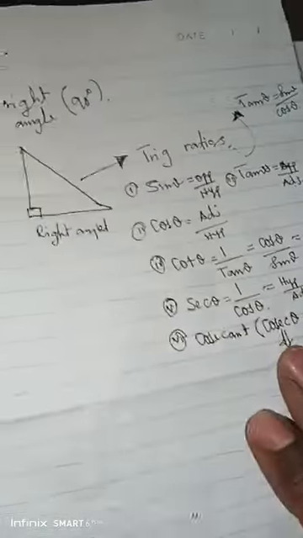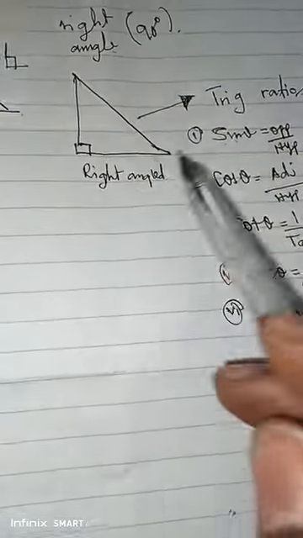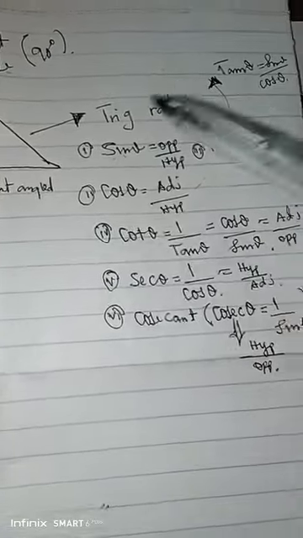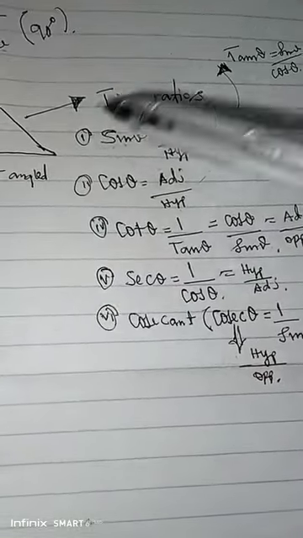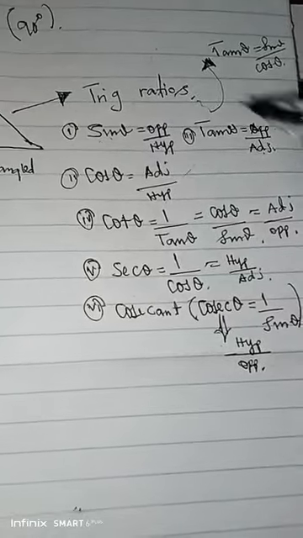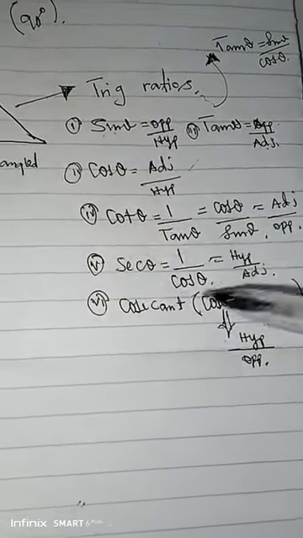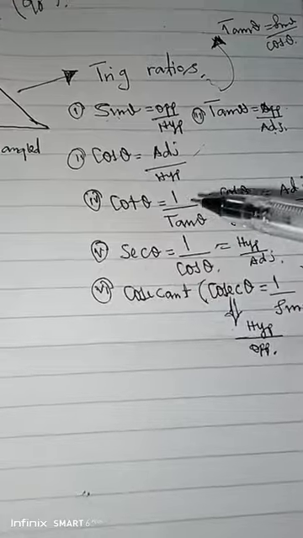Yeah. So right-angled triangles are usually associated with these trig ratios, and it's very easy.